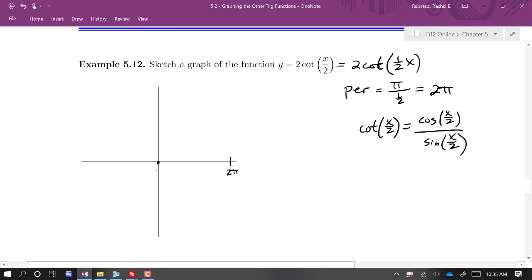And so we're going to get a vertical asymptote wherever sine of x over 2 is 0. That happens at 0, and it happens at 2 pi, because if x is 2 pi, x over 2 is equal to pi, and sine of pi is 0. Halfway there is pi, and then I'm going to mark off quarters, pi over 2, 3 pi over 2.